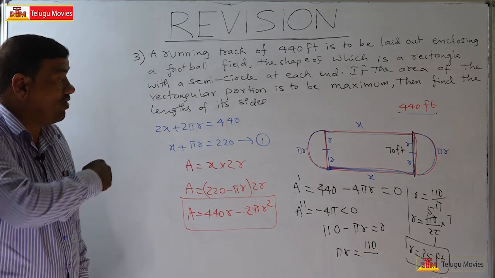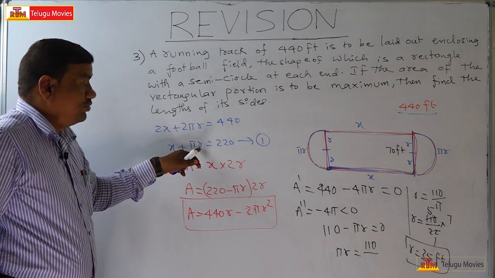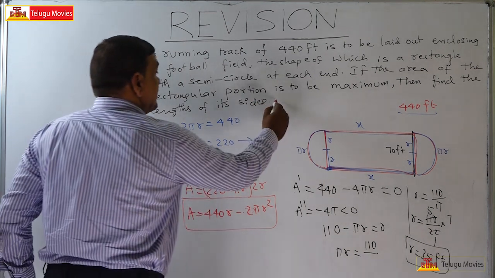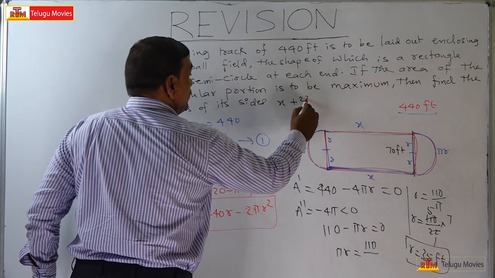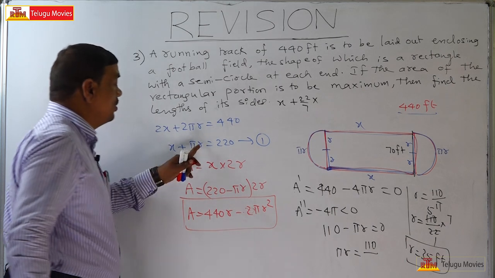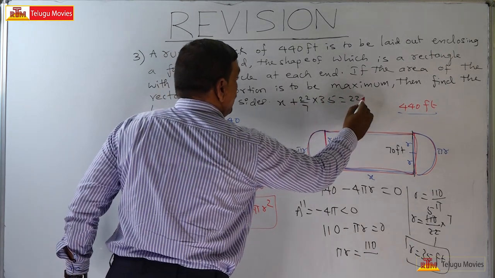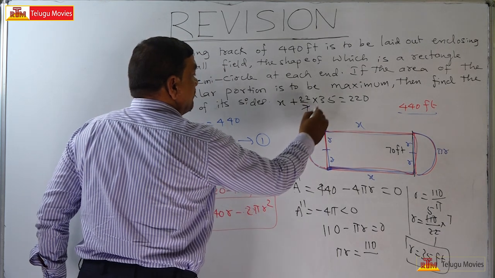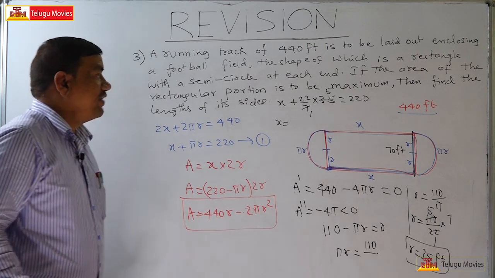Then what should be the length? Substitute r value 35: x plus 22 by 7 into 35 is equal to 220. 7 fives are 35, so x is equal to 220 minus 110.